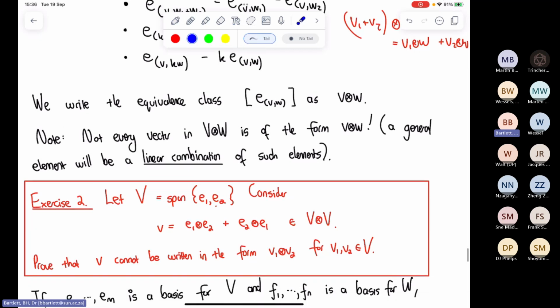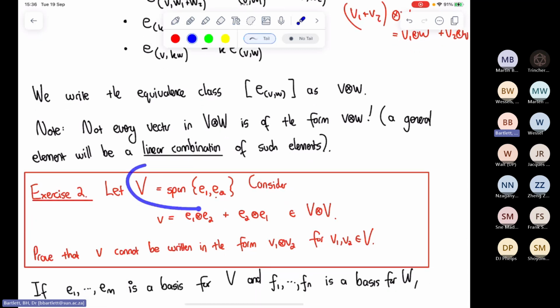So for example, take a two-dimensional vector space spanned by E1 and E2. Now, this vector here, E1 tensor E2 plus E2 tensor E1, that's going to be an element in V tensor V. But you can't write that element as some vector in V tensor some vector in V. Try, and you'll fail.